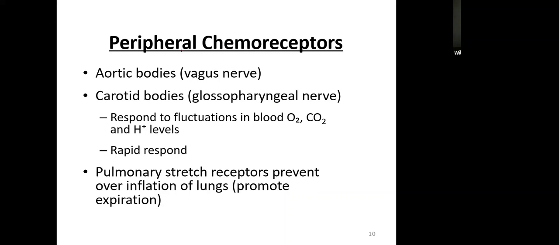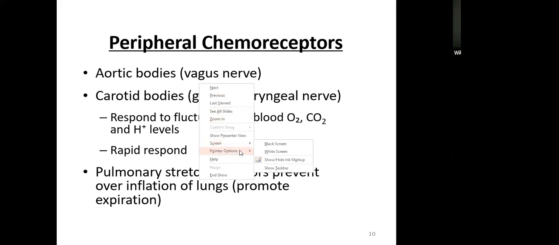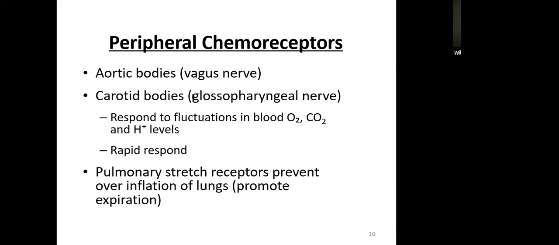So these peripheral chemoreceptors, I'm just going to make notes for you, some highlights and points, because these are the most significant things.